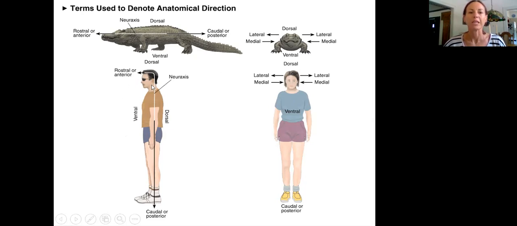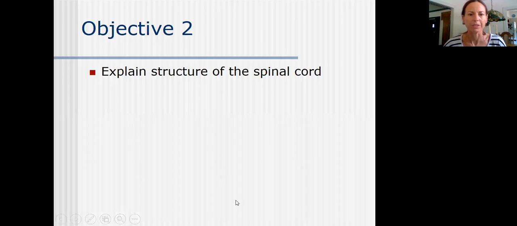But also it is the face side. So you get a strange little turn here, and that has to do with being bipedal. Lateral means to the outside, medial means to the inside. And there's a few more terms here that we'll cover as we go along, but this just helps you to learn some of the parts of the brain that are named after these.